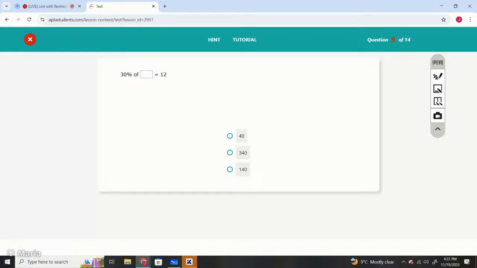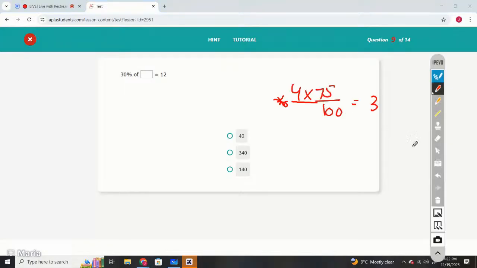30% of what number is 12? That is x times 30 over 100 equals 12.